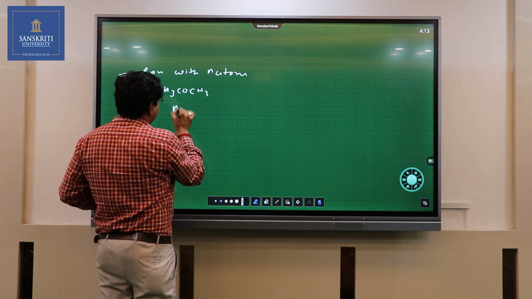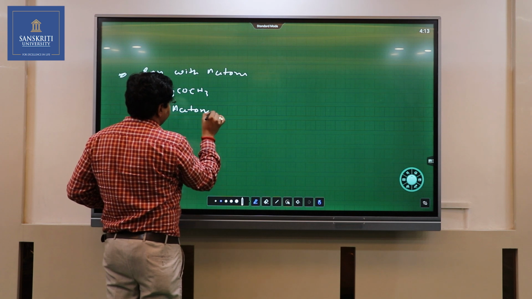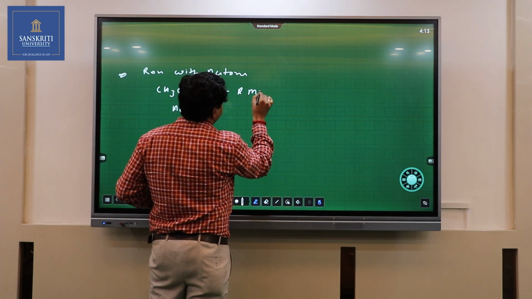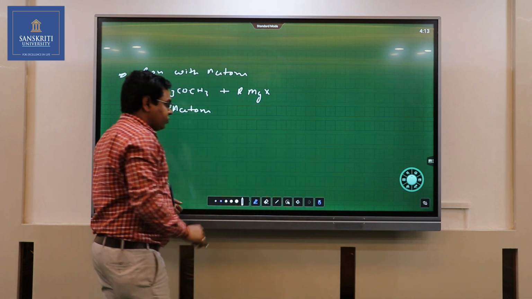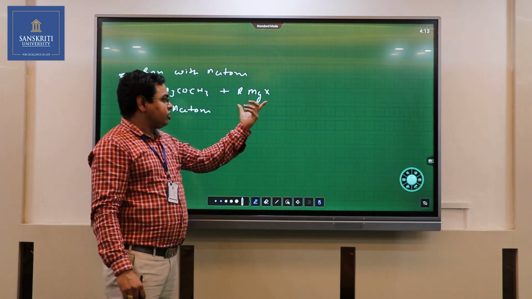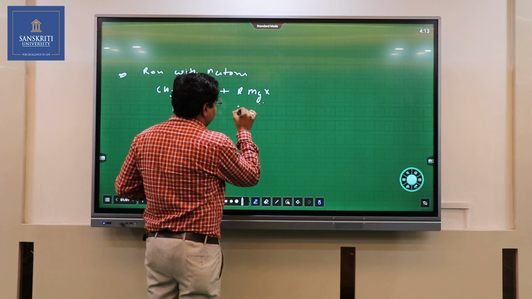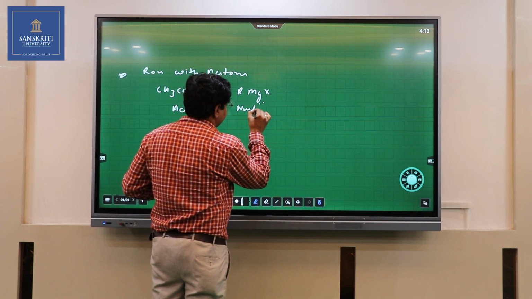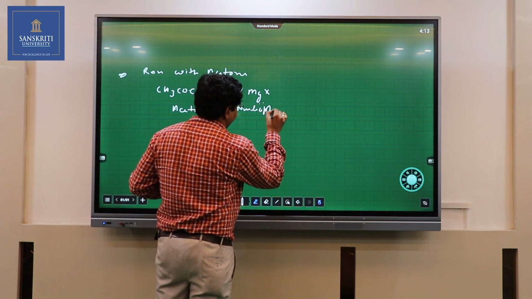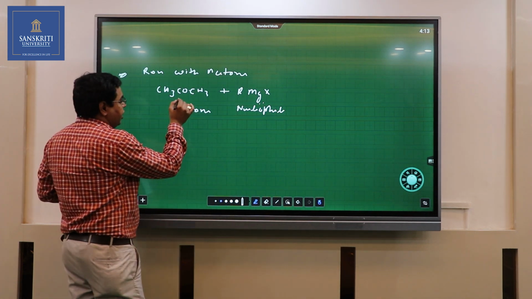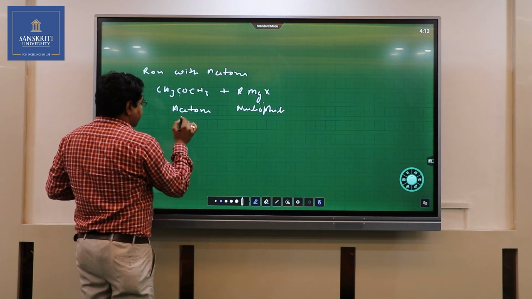This is acetone, reacted with Grignard reagent. Here, the Grignard reagent is a strong nucleophile, which reacts with the electrophile.